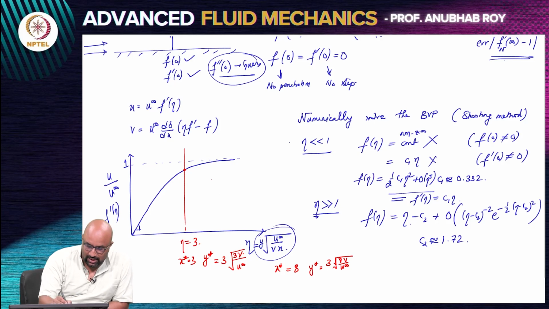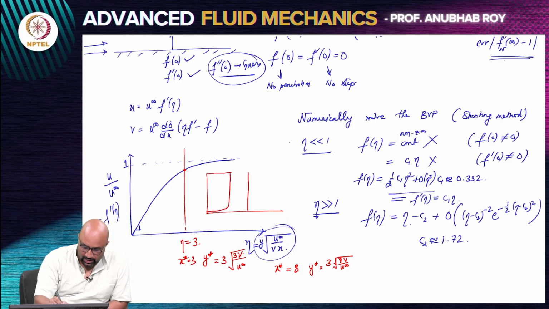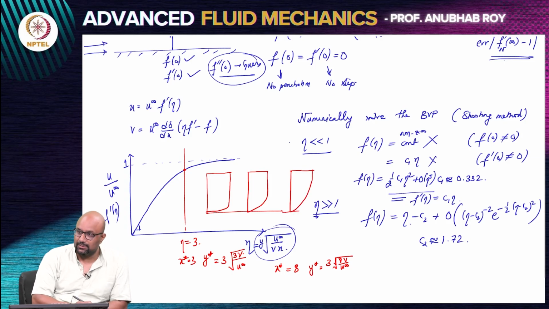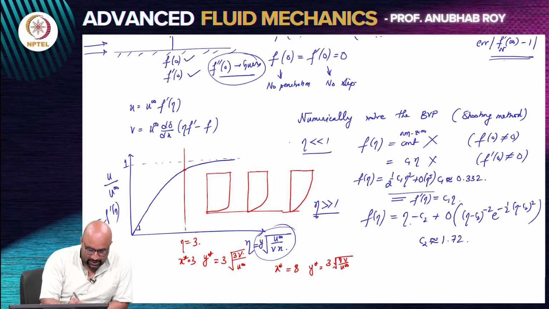So, initially, this is just saying that if you now think of the plate, so here I am going to basically plot the velocity. Initially the velocity would look something like this. Then gradually the velocity would start to look like this. So if you draw the line, which is an eta equals constant line, if you plot a line of constant eta, what would it look like?